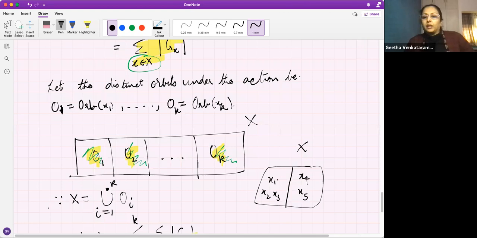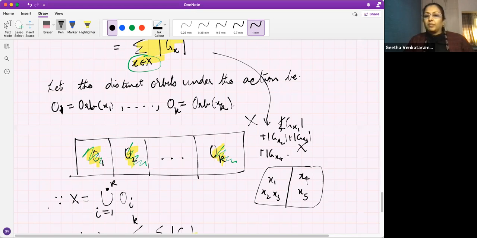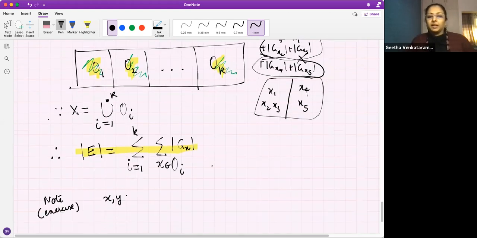The first summation is saying order Gx1 plus order Gx2 plus order Gx3 plus order Gx4 plus order Gx5. That's what this is. It's varying over all the x's in X. But instead what I'm doing is counting this group first and then this group and then adding the 2.